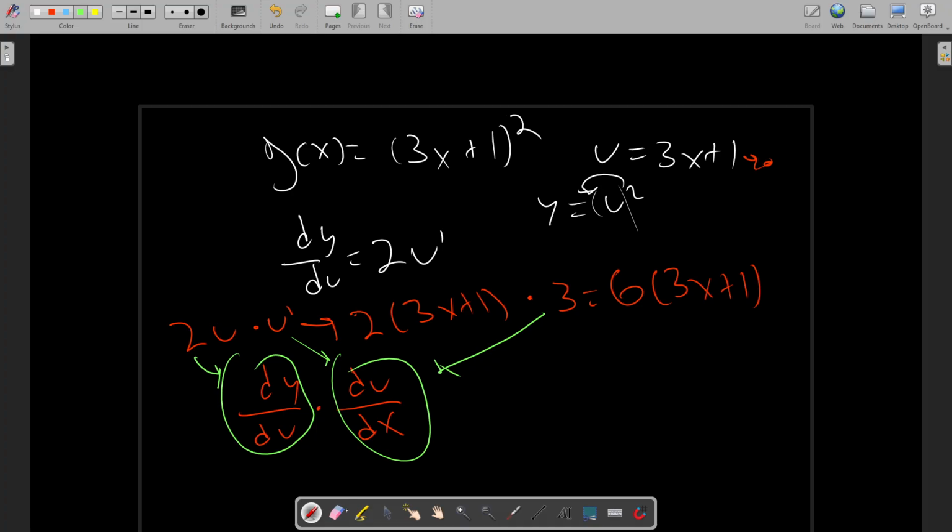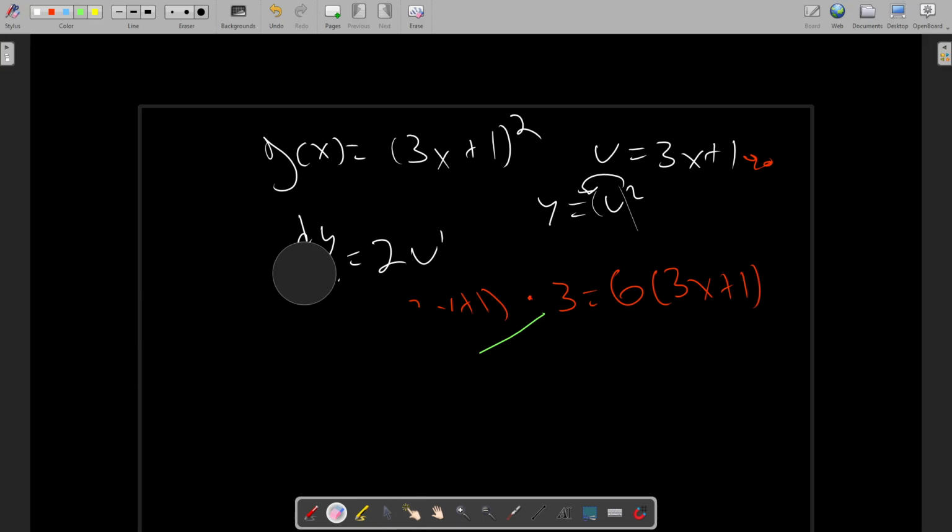So it's sort of like the derivative of the outer with respect to the inner, because y is our outer function with respect to u, which is our inner function, times the derivative of the inner, the derivative of u, with respect to its variable, which is x.